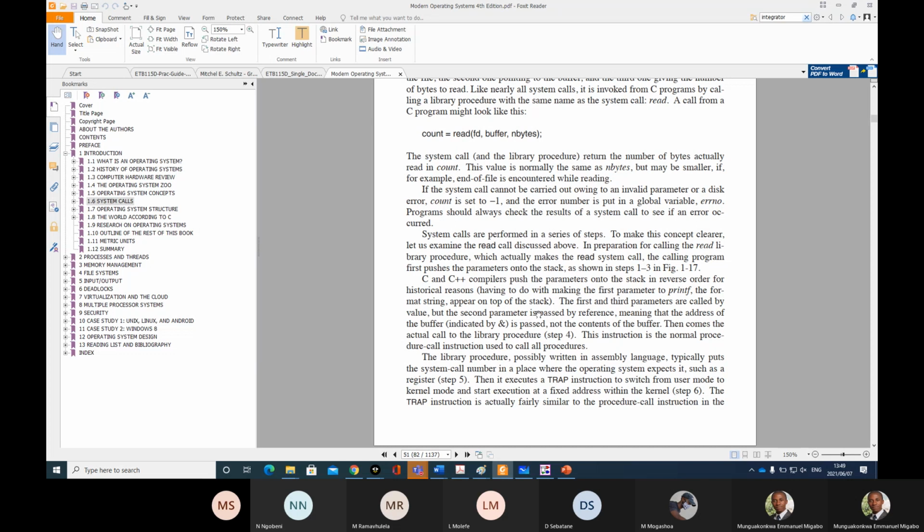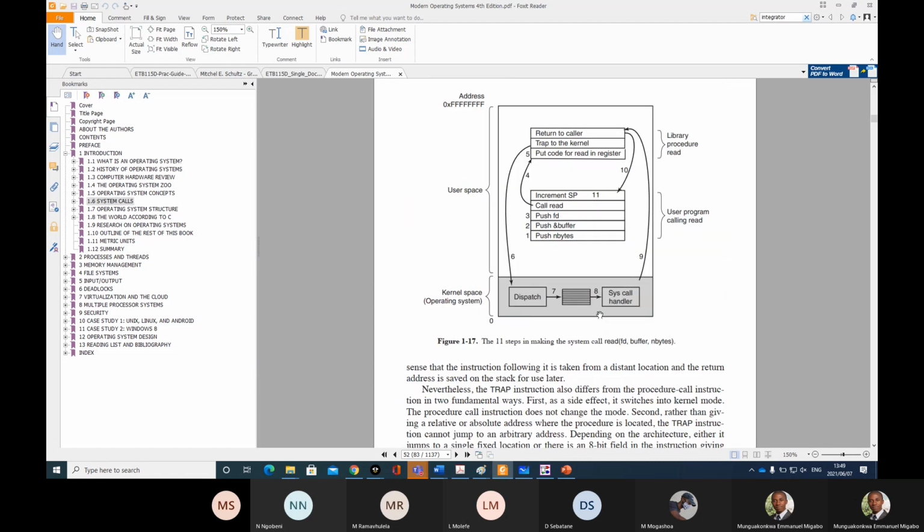The trap instruction is actually fairly similar to the procedure call instruction, in the sense that the instruction following it is taken from a distant location, and the return address is saved on the stack for later use. So the return value is normally stored on the stack.